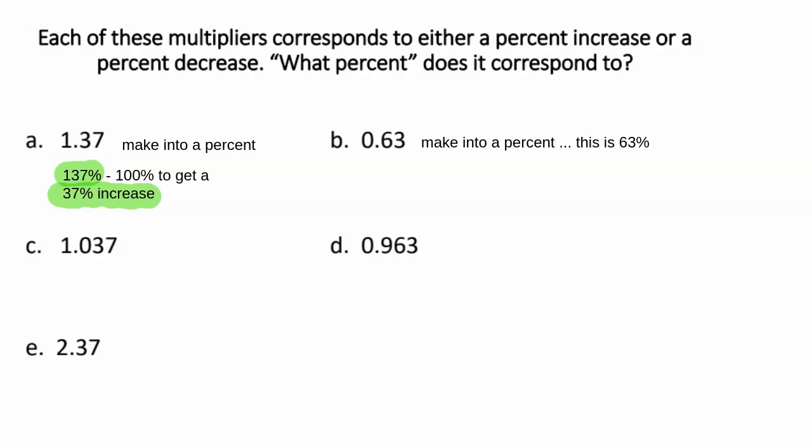Now, we are taking 63%, and we're going to subtract 100%. Well, notice this is giving me a negative 37%.